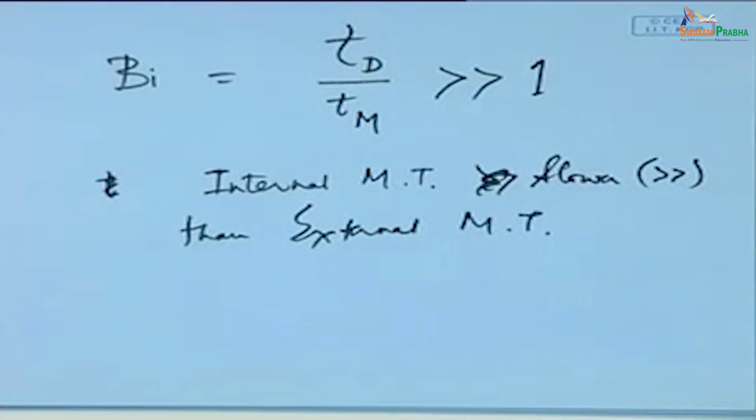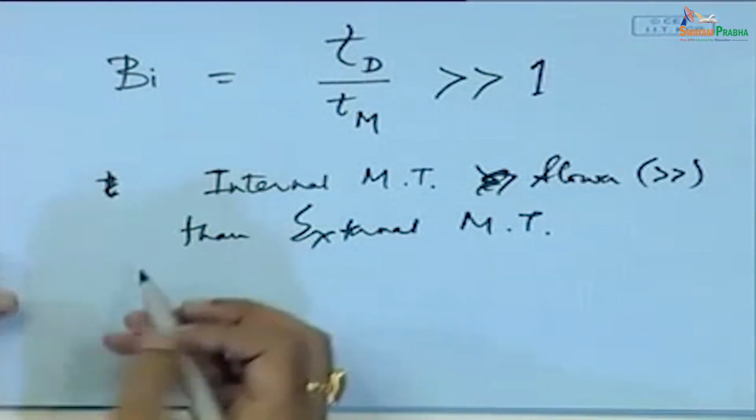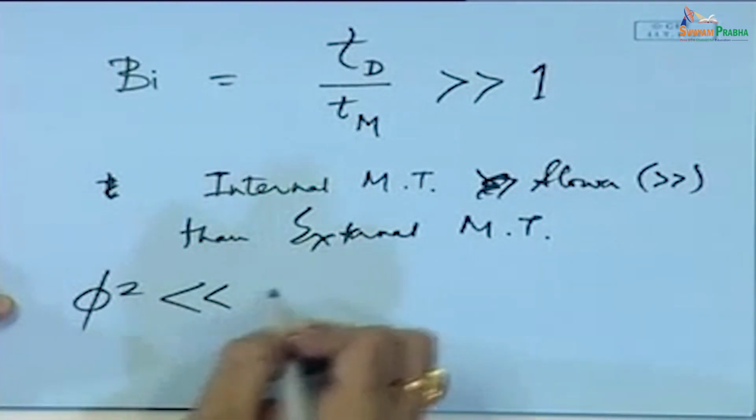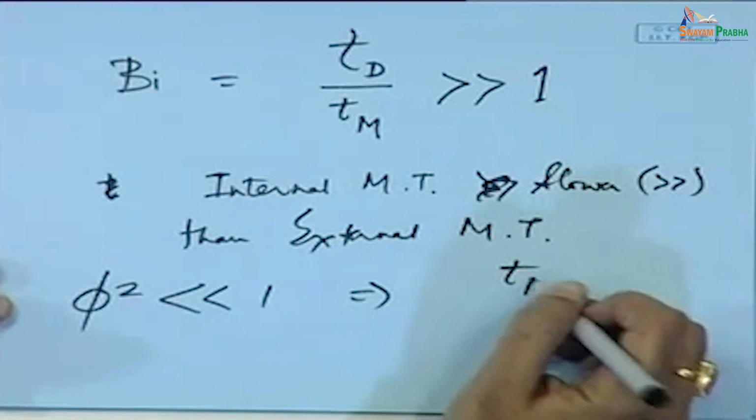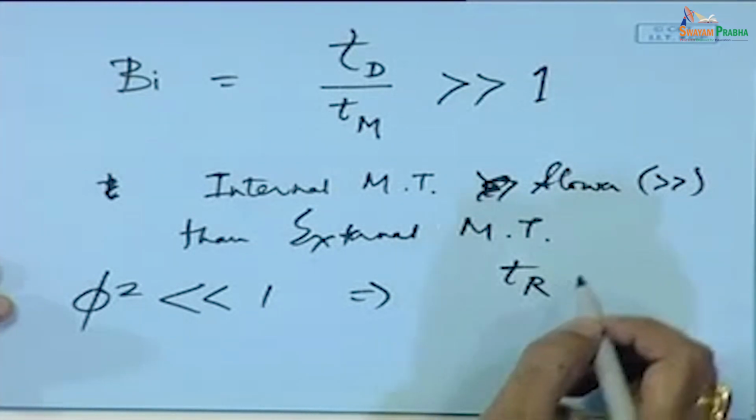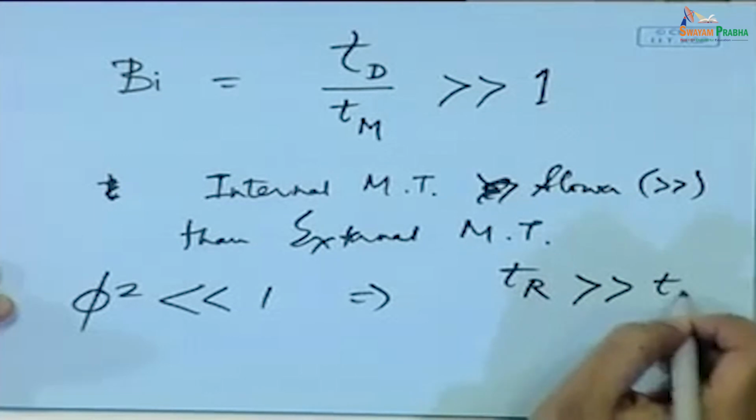Right? Now can you make sense of what I am trying to say here? So phi square much smaller than 1 means that T R is much greater than T D, right.